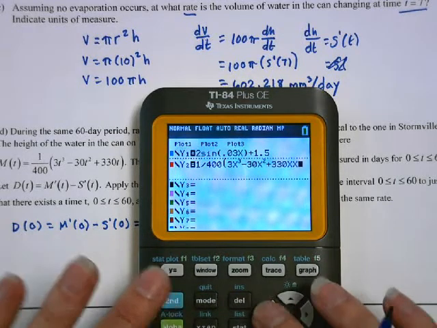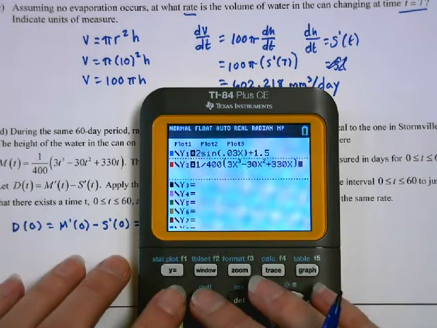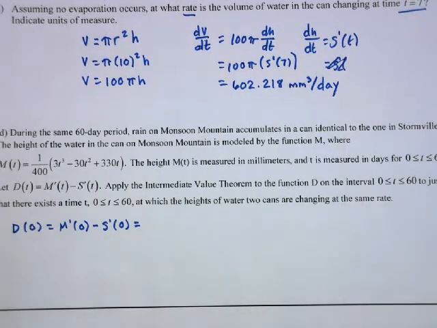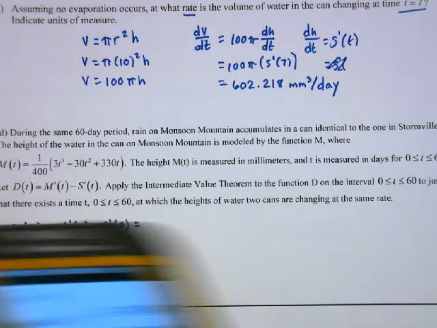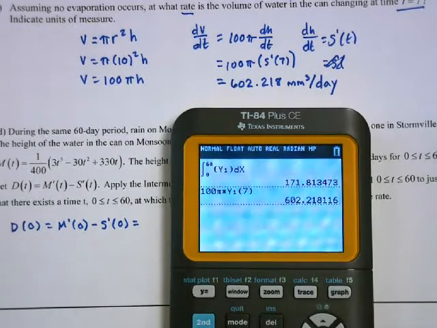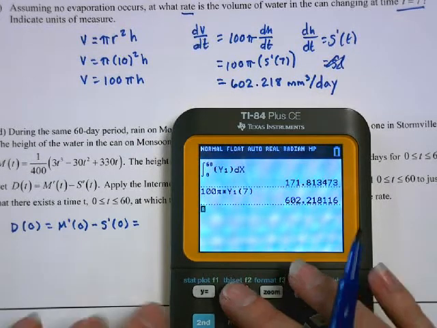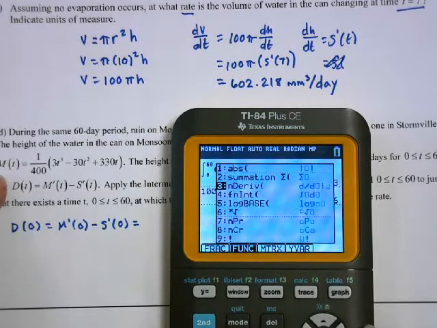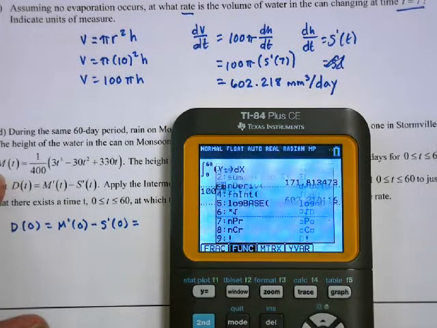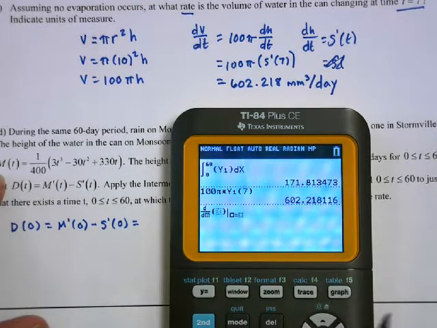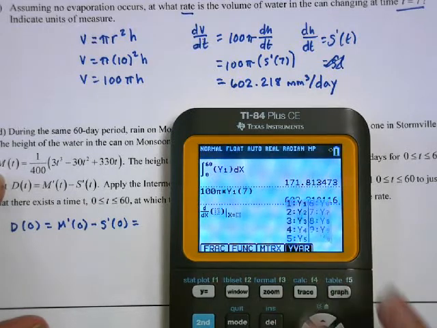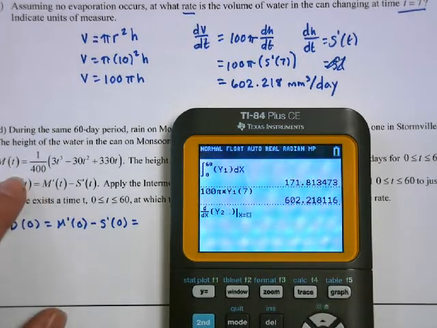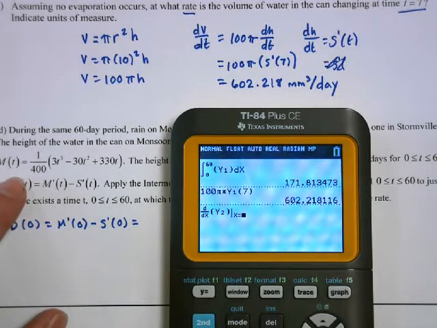So y1 is s prime, y2 is m. Okay, so m prime. So how I'm going to type this in the calculator, and you can do this different ways. We have m, not m prime. So m prime of y2 evaluated at x at 0.